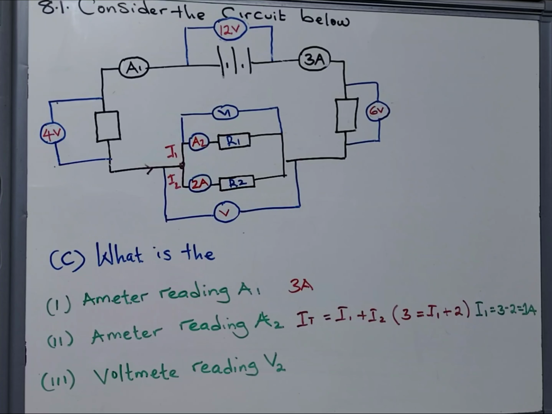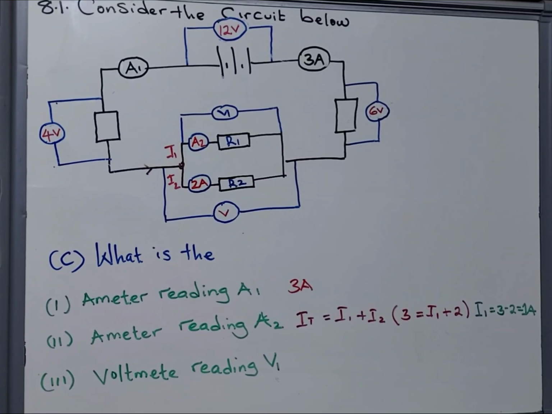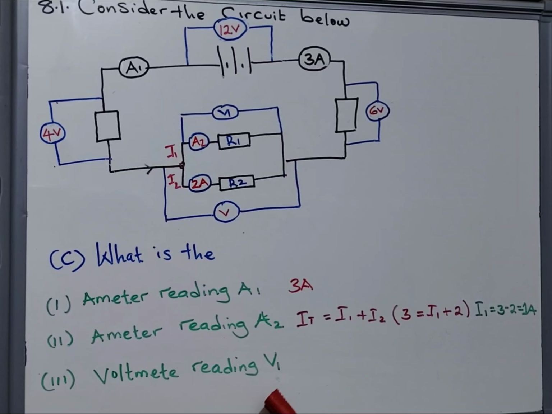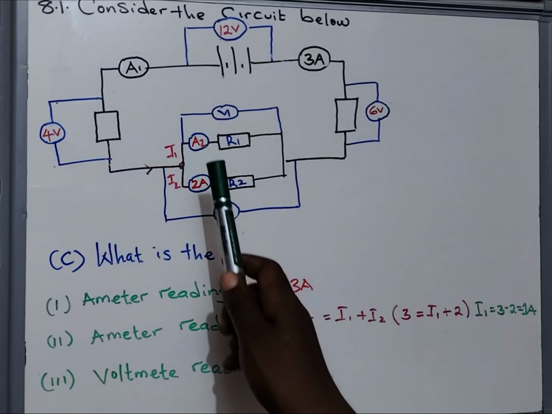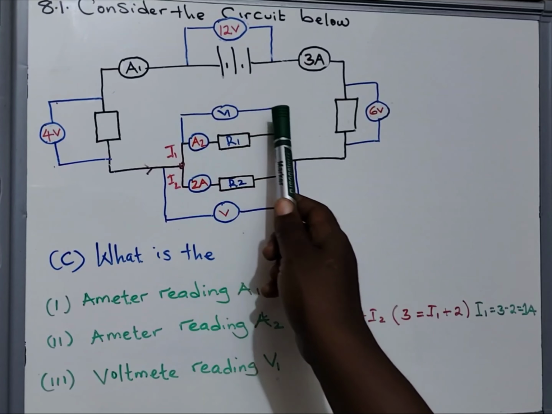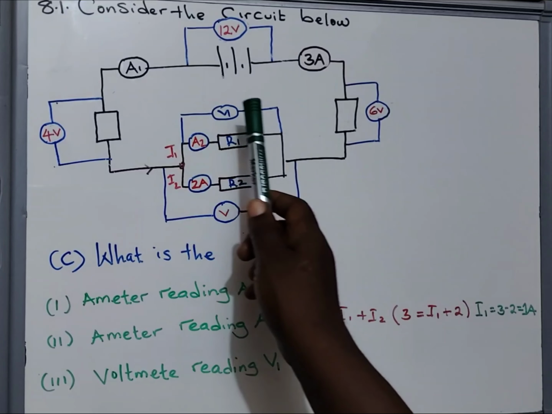So we proceed to this one, voltmeter reading V1. Our V1 is the one across the parallel network.